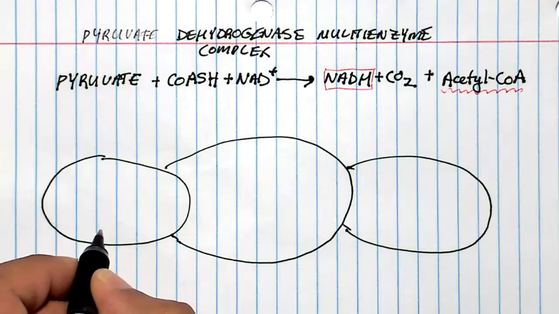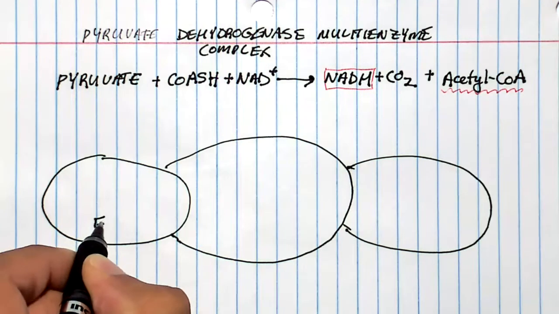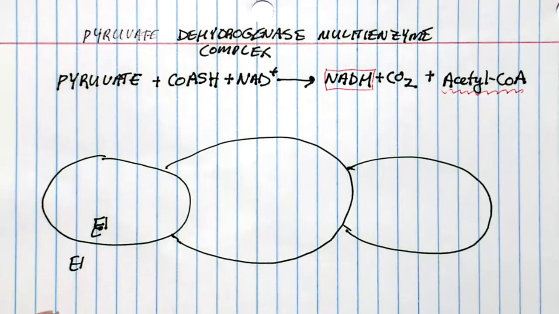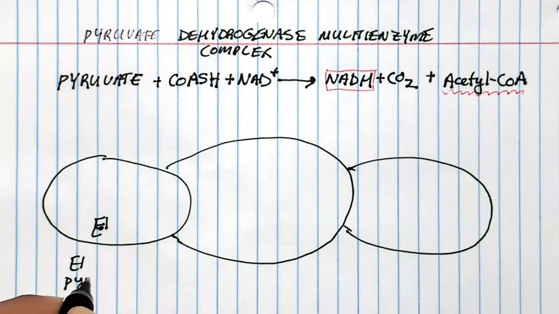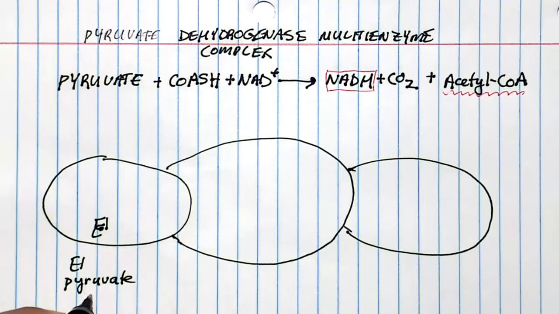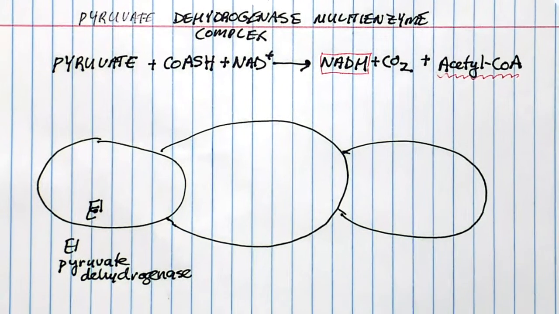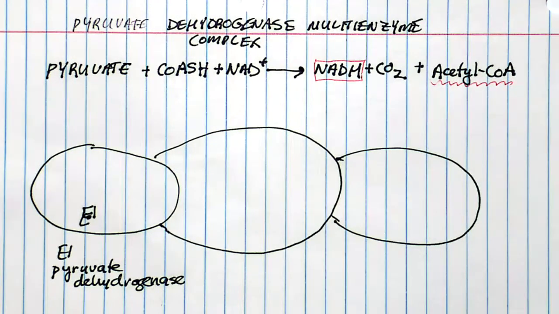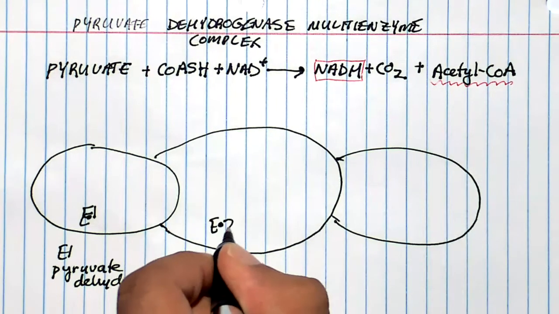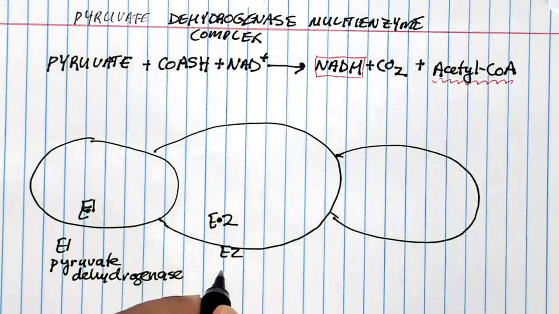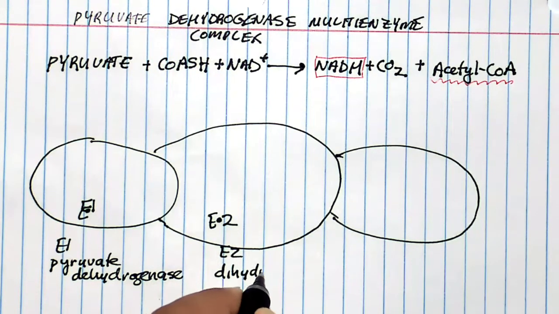It consists of enzyme E1, and enzyme E1 is the actual pyruvate dehydrogenase activity. Enzyme E2 contains activity known as dihydrolipoyl transacetylase.